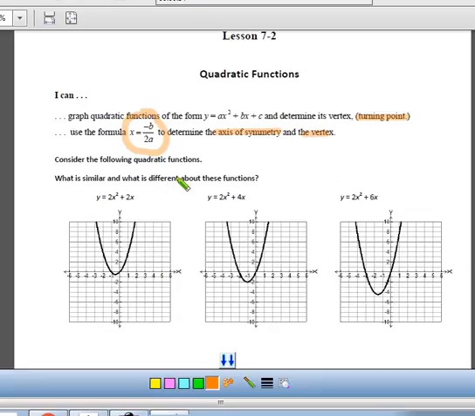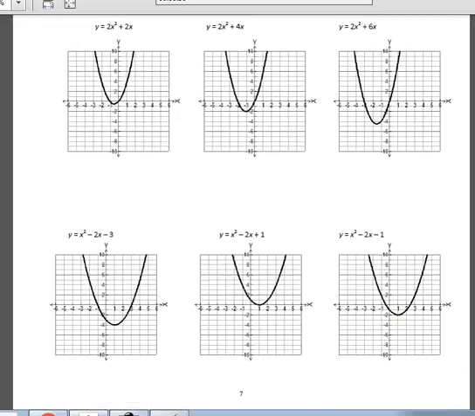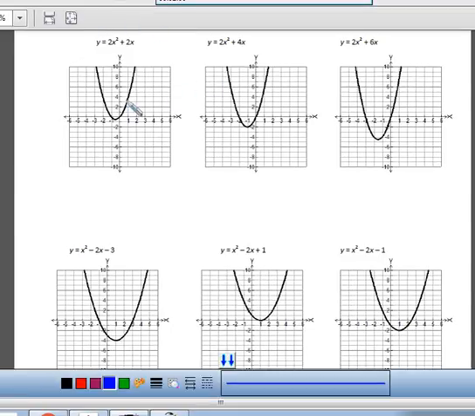Okay, so considering the following equations, or quadratic functions, what is similar and what is different about these functions? Well, I think if you look closely, it's pretty easy to see what's the same and what is different. I'm actually going to focus on the top three first, going from left to right.